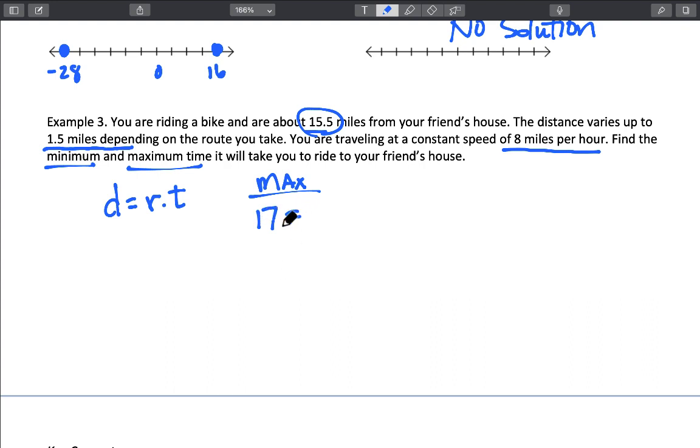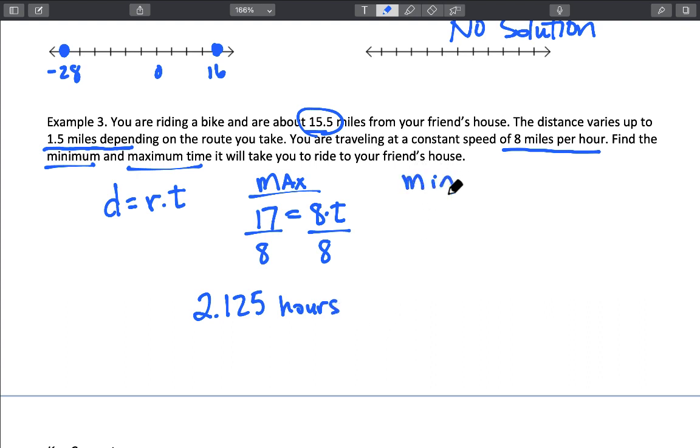Now if you had to travel 17 miles at a rate of 8 miles per hour, to find the time, you're going to take 17 and divide it by 8. That's going to give you just over 2 hours, so that's going to be 2.125 hours.